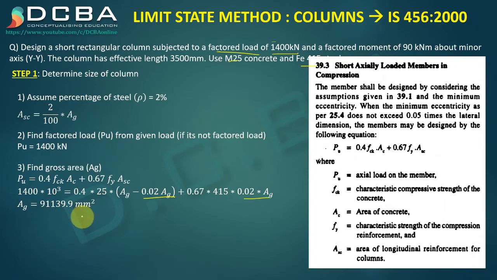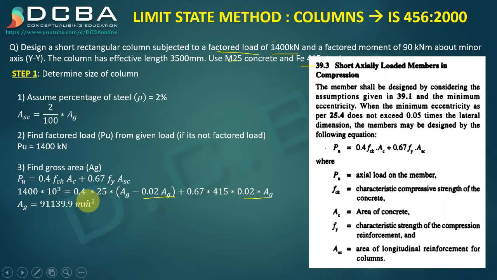9113.9 mm square. Now one thing that you have to do in this problem is that since along with the axial load, a moment is also given, we have to design our column for the given moment. We have to increase this area because this area is for short axially loaded members. It is not for members which are having bending, so this area will not be sufficient for those.